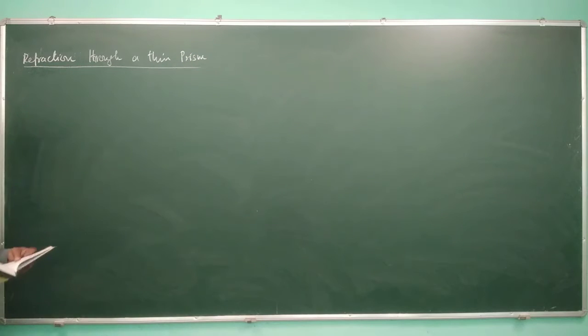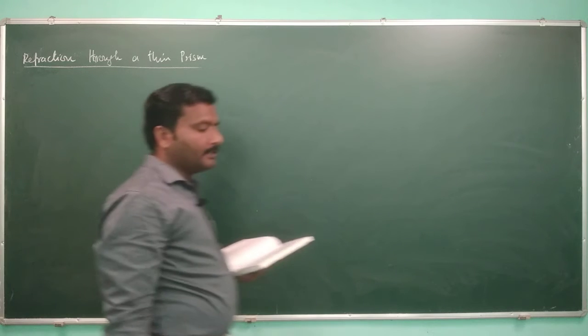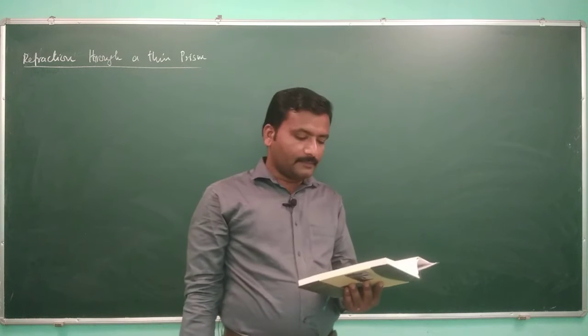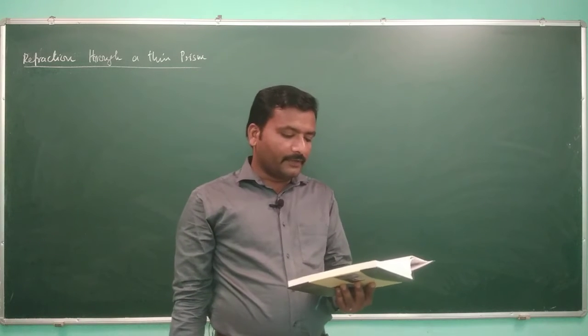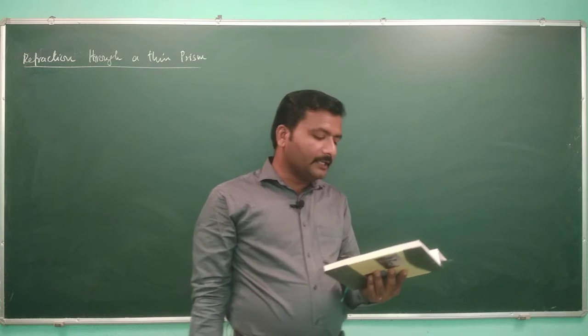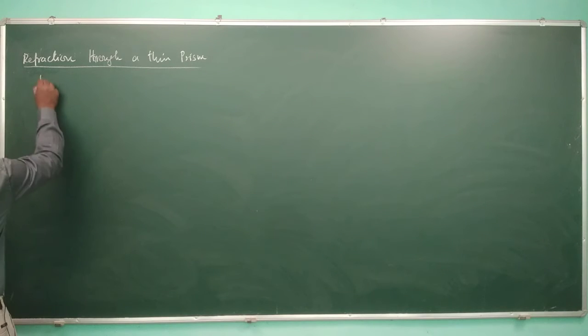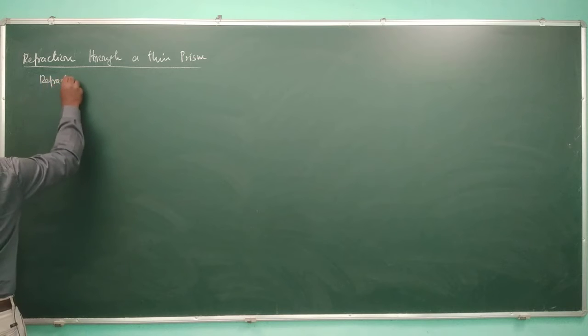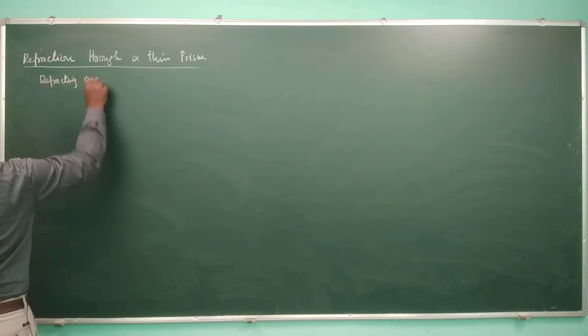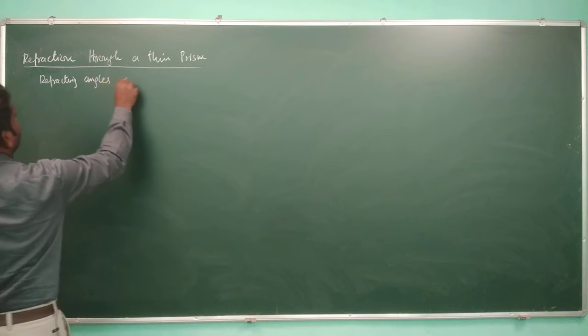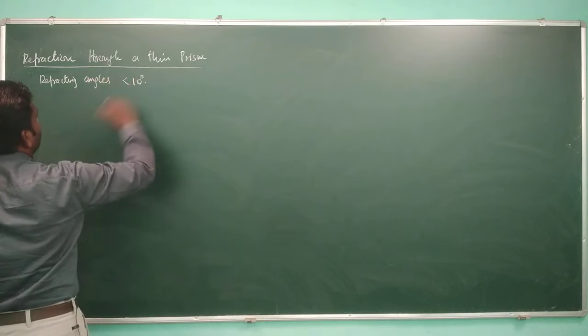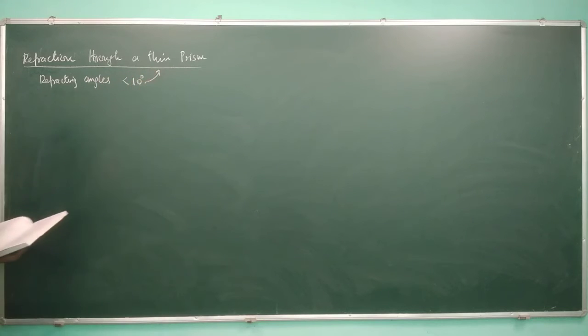A prism is said to be a thin prism when its refracting angle is of the order of 10 degrees or smaller. When the refracting angles are 10 degrees or smaller, then it is said to be a thin prism.